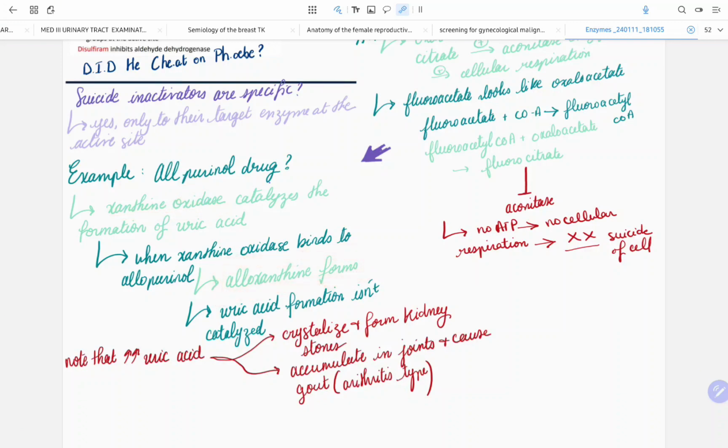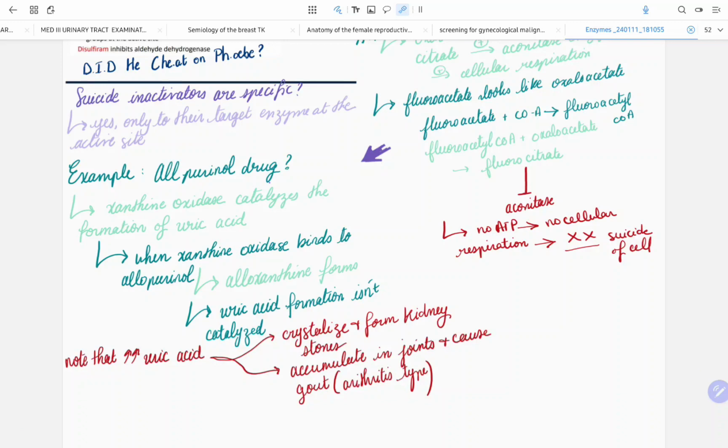Alloxanthine, when it forms, uric acid will not be formed, right? So when uric acid won't be formed, then your patient won't have a high risk of having crystallization in their kidneys because uric acid forms kidney stones, and when it accumulates in the joints, it may cause gout. Or this is like a uric acid related type of arthritis.